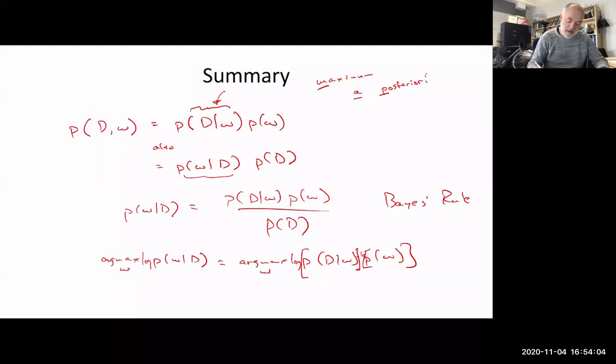And this looks like a log likelihood, which is a loss. And this looks like something else, called a log prior, but it's also called a regularizer.